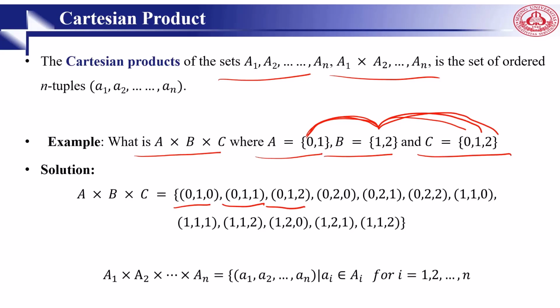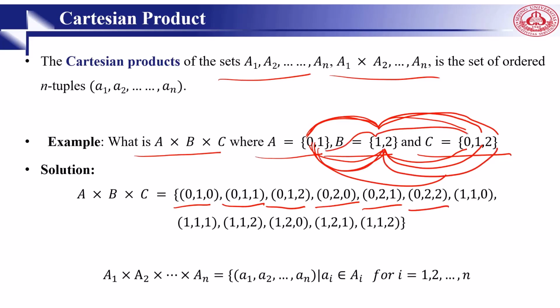This is finished. (0, 2, 0), (0, 2, 1), (0, 2, 2). Finished. (1, 1, 0), (1, 1, 1), (1, 1, 2). Finished. (1, 2, 0), (1, 2, 1), (1, 2, 2). Finished. This is called the Cartesian product.